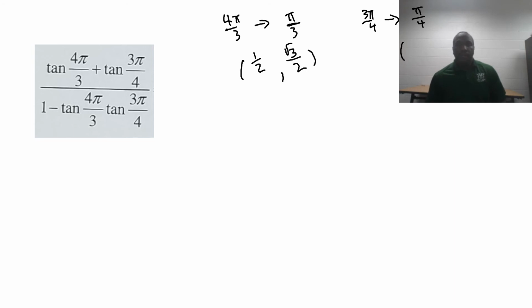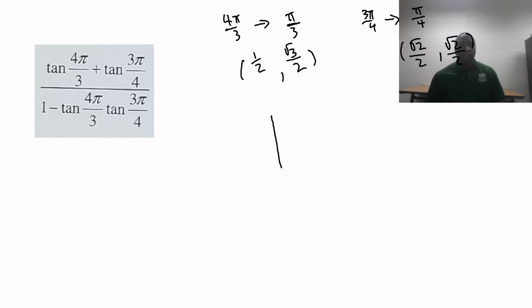For pi over 4, so let's see, 0, 6, 4, 3, 2. If we fold down the forefinger, that's going to be 2 and 2. So it's radical 2 over 2 and radical 2 over 2.